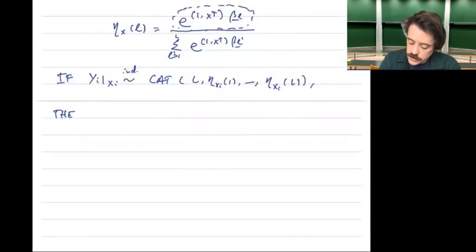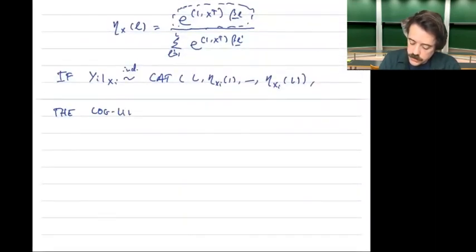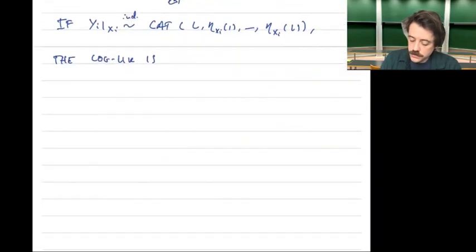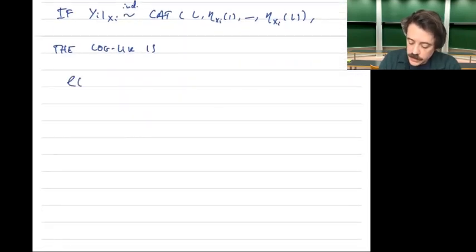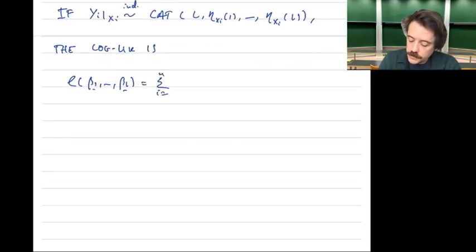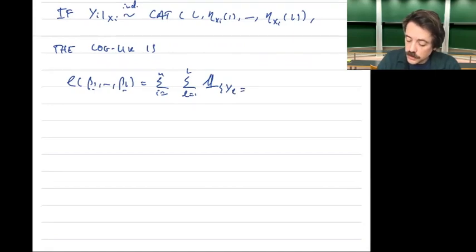Okay, so if we have this, then the log likelihood is given by l of beta 1 to beta L. Let's have all the underlines. There's going to be the sum over all the data points, which of course comes from independence, and then this. So you see, this is a bit easier to write with this categorical form.